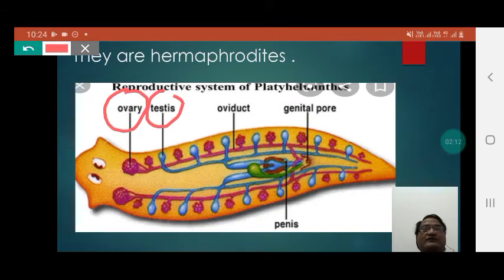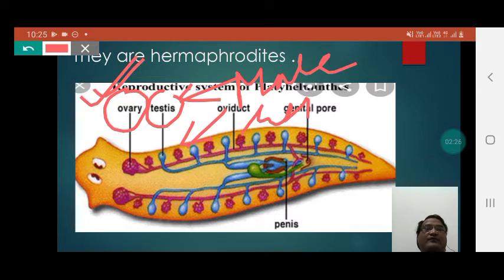These are organisms which have the ovary, the female reproductive organ, and the testis, which is the male reproductive organ.